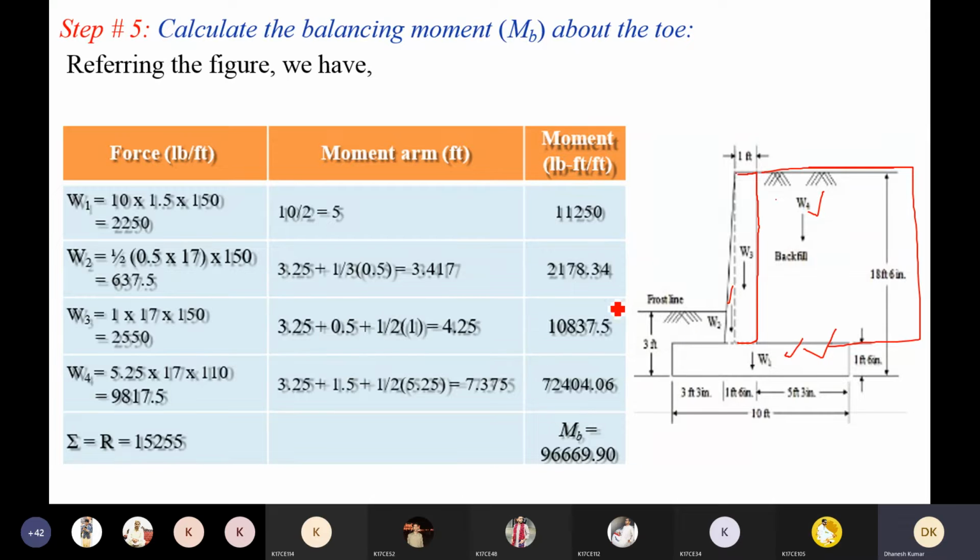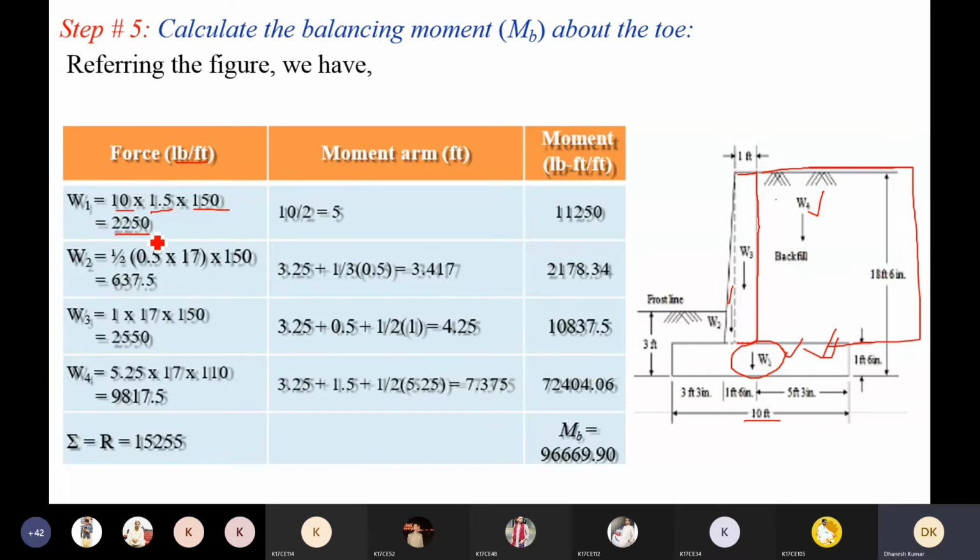Now W1 is of the base, whose length is given, that is 10 foot, and whose height is 1 foot and 6 inches, and we know this base is concrete. So the force in pound per foot will be 10 multiplied by 1.5 foot multiplied by 150, which is the unit weight of concrete.